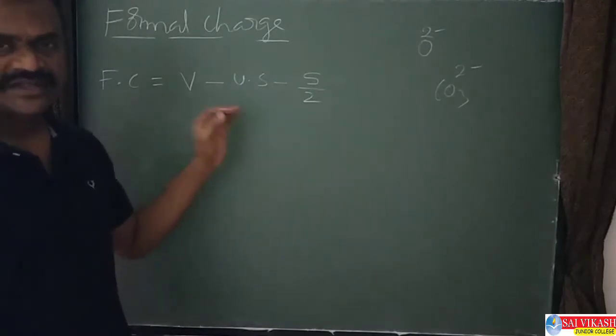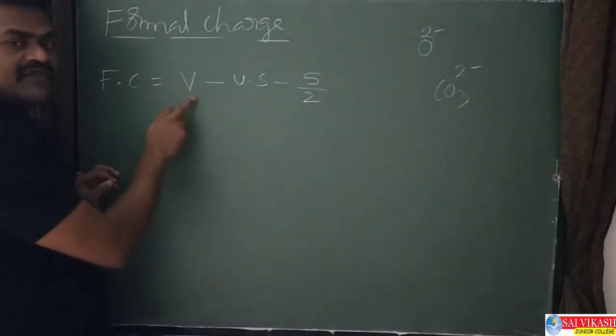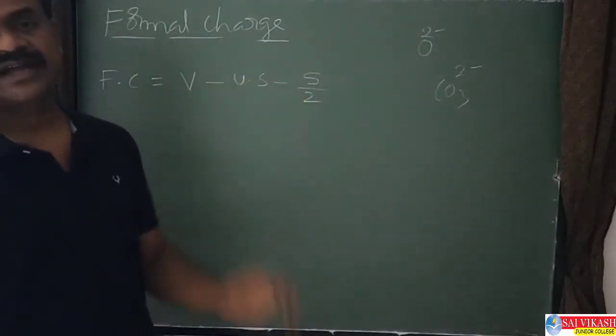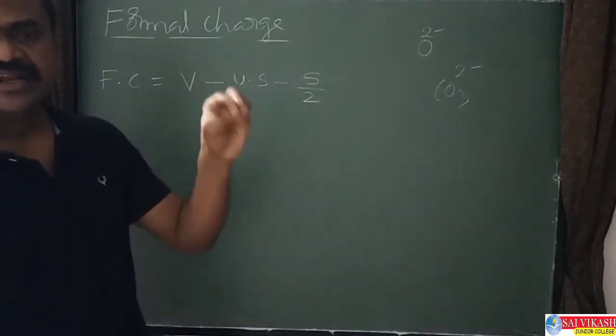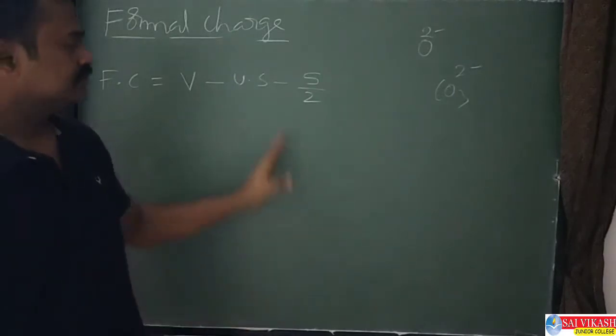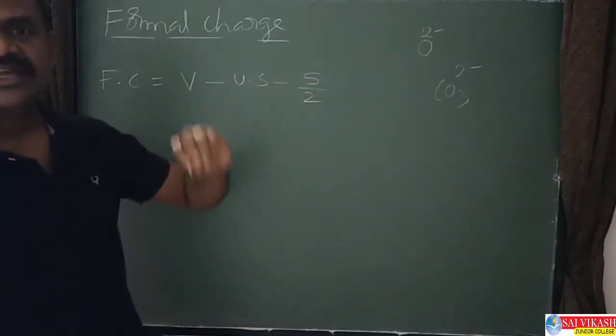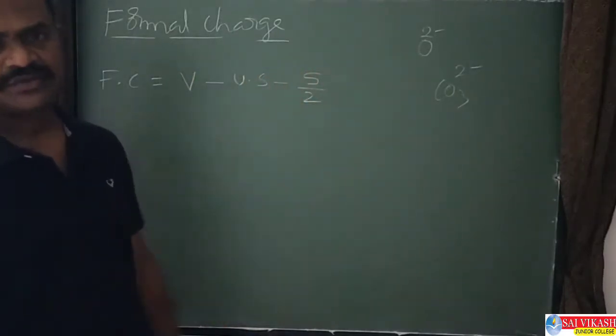Now I'll tell you an example. V means valence electrons of the atom, minus US, the number of unshared electrons, minus S, the number of shared electrons, divided by 2.